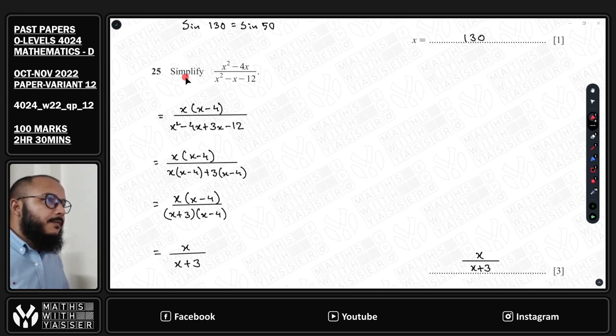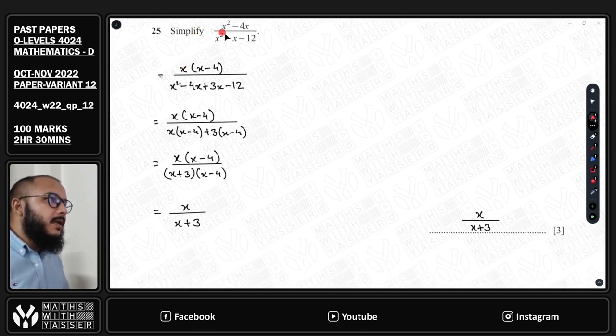Question number 25. It says simplify x square minus 4x over x square minus x minus 12. I can take x common from the numerator and write it as x times x minus 4, and I can factorize the denominator. It will be x square minus 4x plus 3x minus 12.